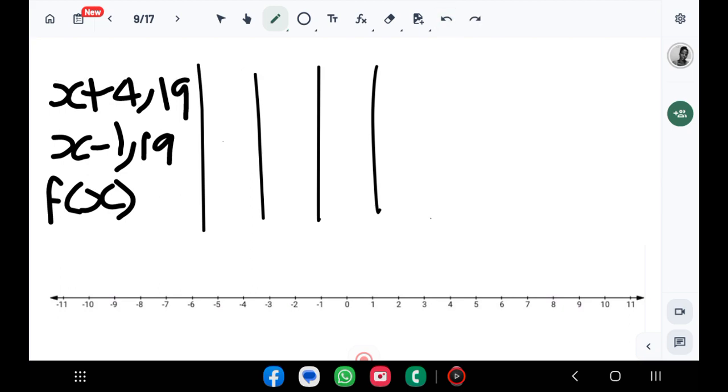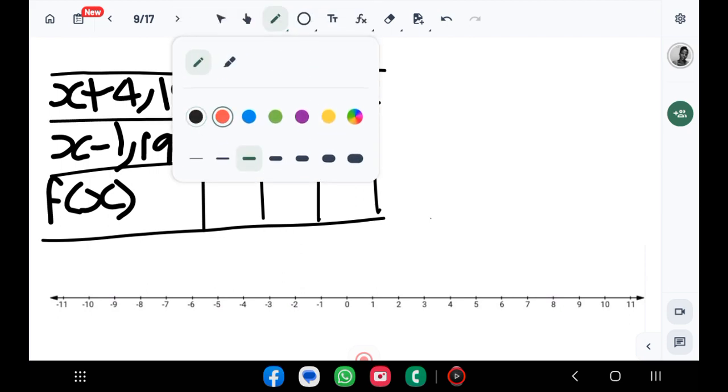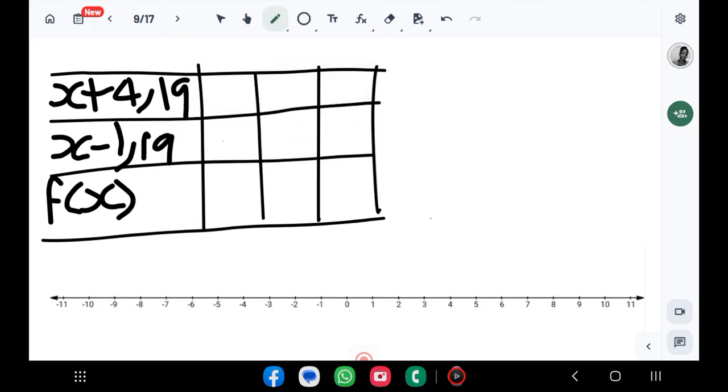All right, let's fix the table. Now let's put the critical values on the table. That will be negative 4/19, and then the next one is 1/19.